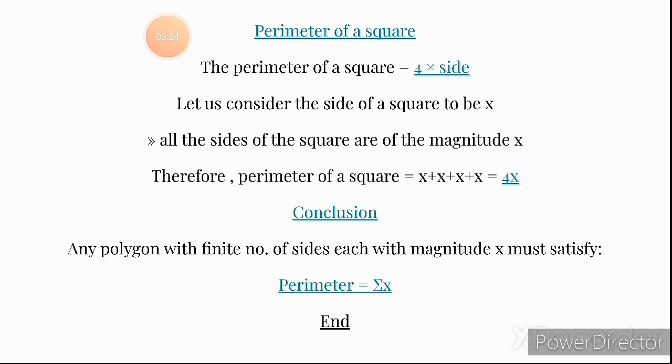Means if one of the arms is x1, the second one is x2, then the third one x3, and it will go on like that. If the number of sides of a polygon is finite, the perimeter of that polygon is equal to the summation of x, which is the summation of the lengths of the boundaries. So this was the conclusion of the whole video.